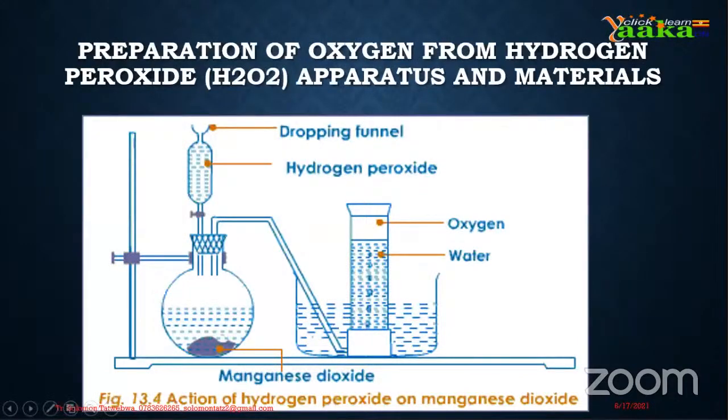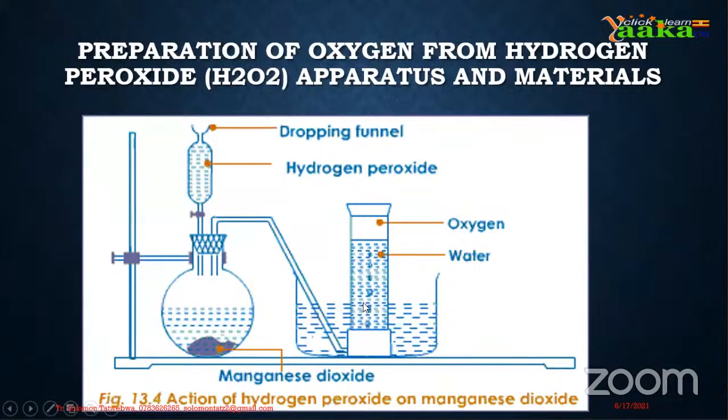Okay, this is how we prepare our oxygen in the laboratory using hydrogen peroxide. We have manganese oxide, which acts as our catalyst to break down the hydrogen peroxide, which is here in the dropping funnel.